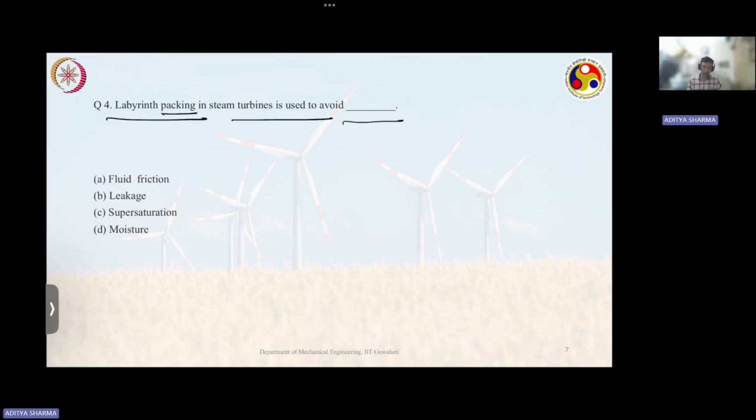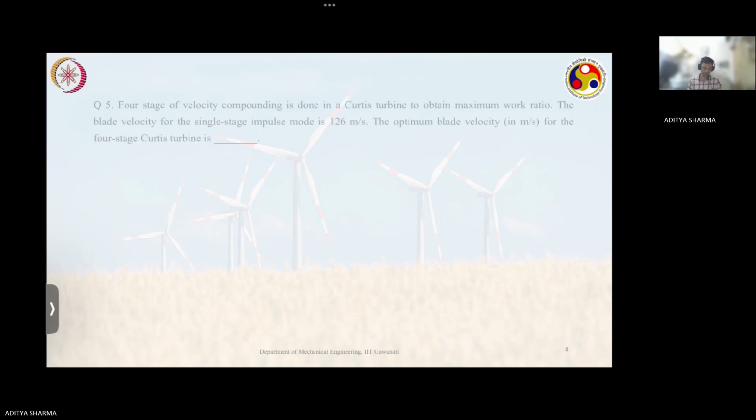In our steam turbines, to avoid leakages, we use this type of packing. So the correct answer to this question is leakage. In your steam turbines, to avoid leakages, we take help of this type of packing.